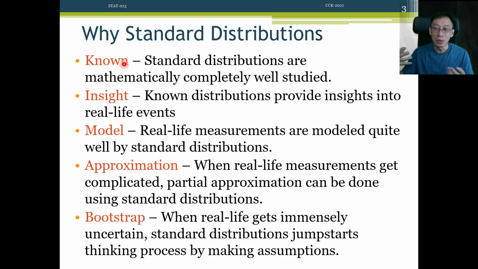Can we use an appropriately chosen standard distribution as if it actually describes the real life situation that we are encountering? That's the main beneficial application that we like about standard distributions.